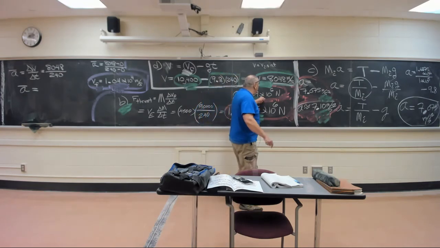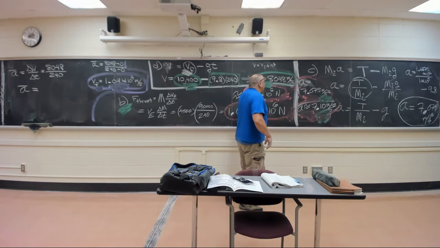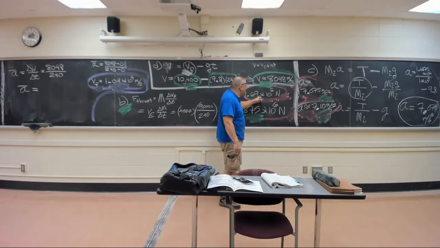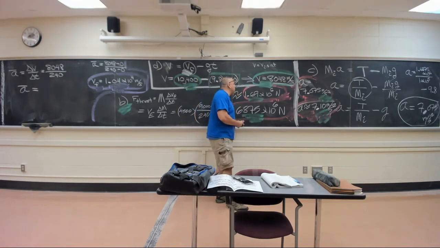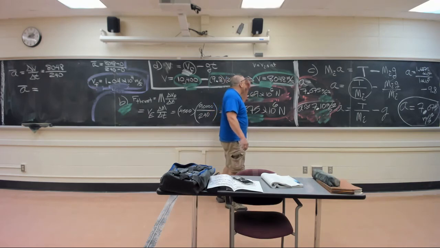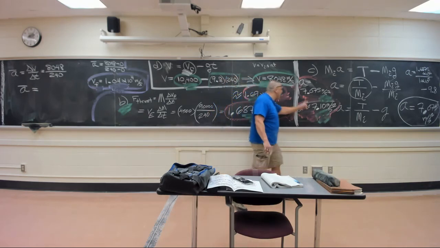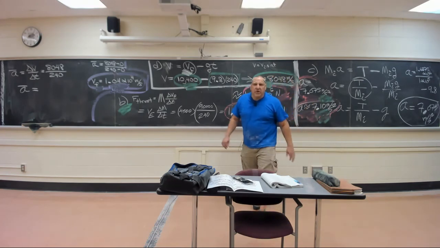Well, I took the thrust, you guys, of 1.69 times 10 to the 6 newtons, and I divided it by 1 times 10 to the 5th kilograms. 1,690,000 newtons divided by 100,000 kilograms got me 7.10.